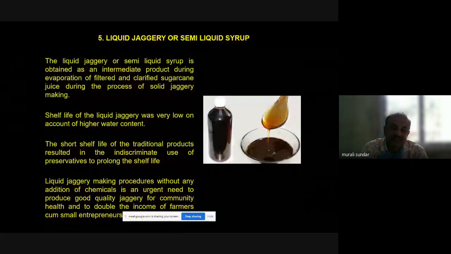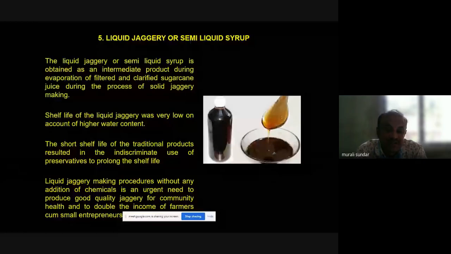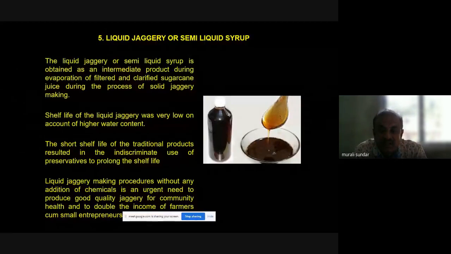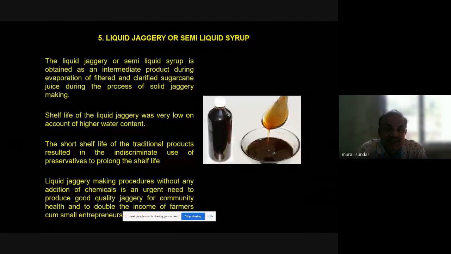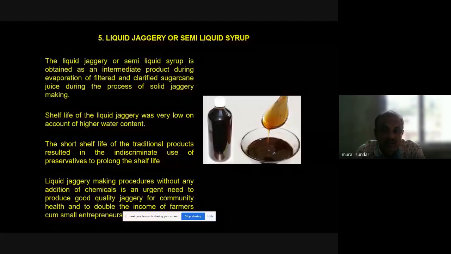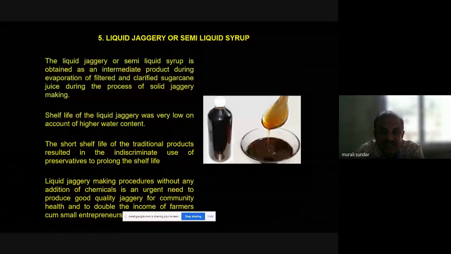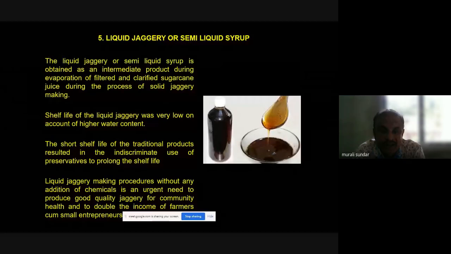It has a shelf life of more than 6 months without any deterioration of the physical as well as chemical quality of the product. And with this technology, we are pricing only 10,000 rupees for the technical know-how, and already 2 firms have licensed this technology for mass scale production.